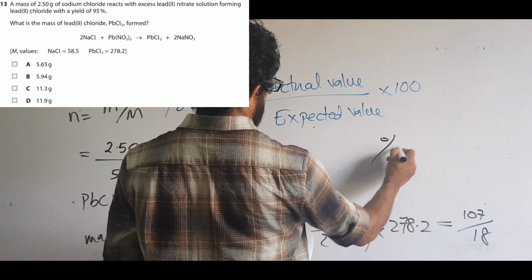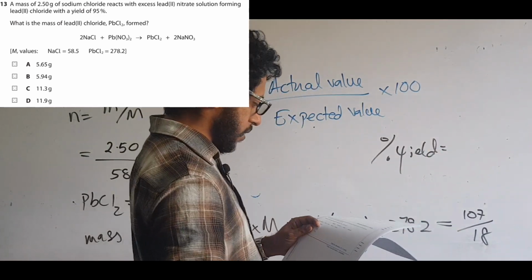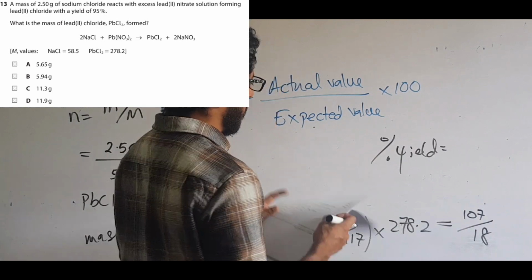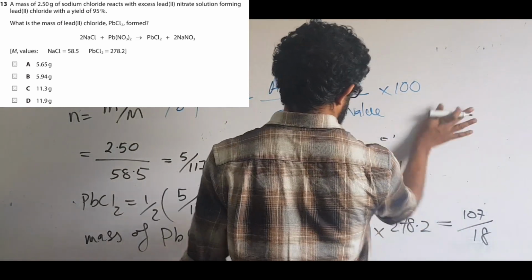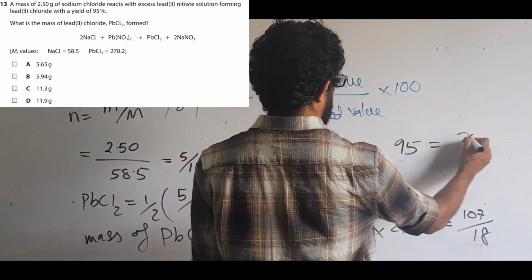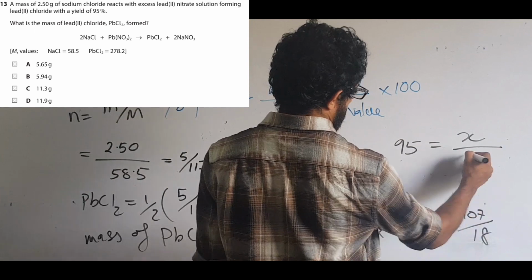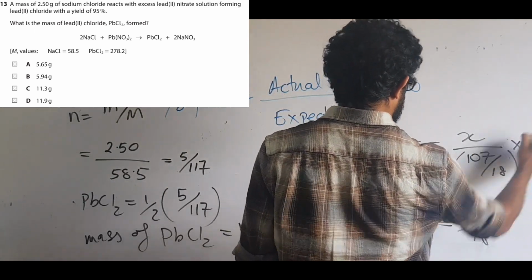Therefore, the question is asking what mass of lead chloride is formed. So, formed means actual yield, and the yield is given as 95. So, 95 equals actual value x over expected value 107 over 18, times 100.